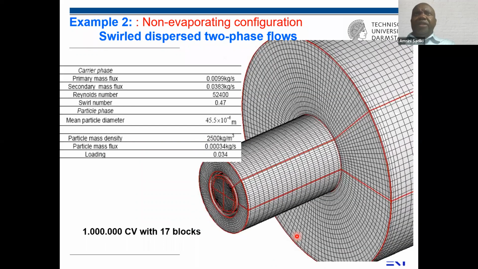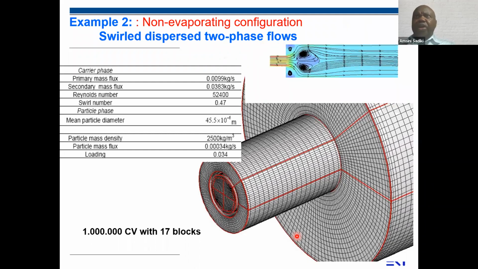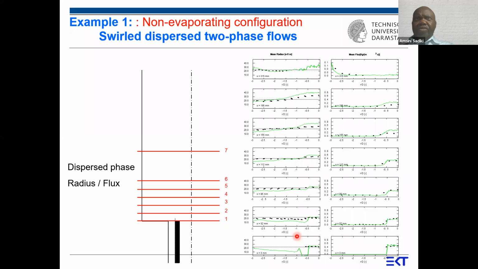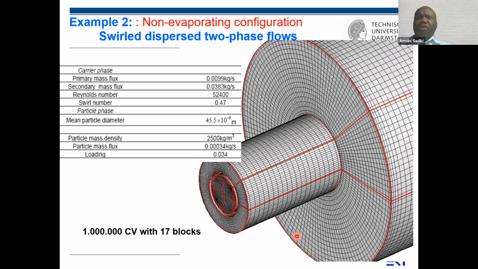The other one is this particle-laden dispersed two-phase flow, in which we try first to account for, excuse me, this one is not a swirl one. It is only dispersed two-phase flow. The idea was to put the swirl, and here we put the swirl.